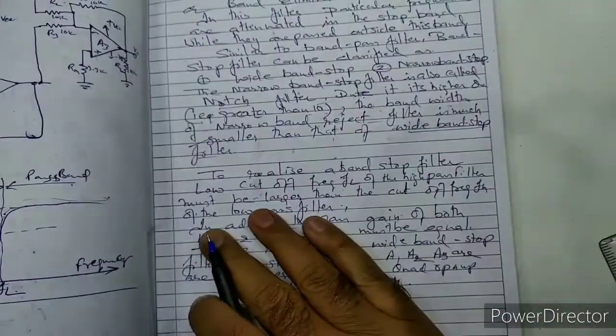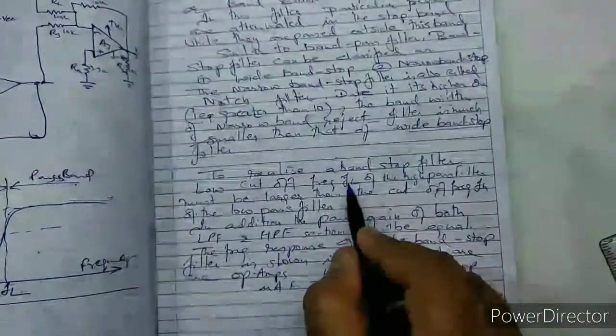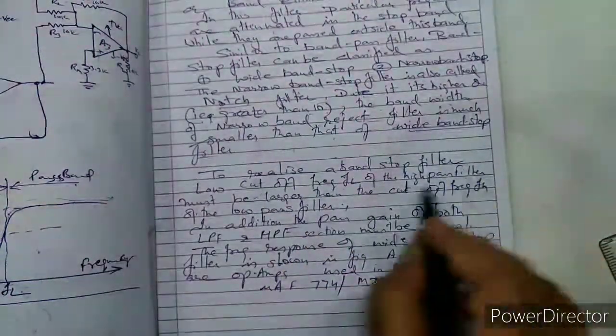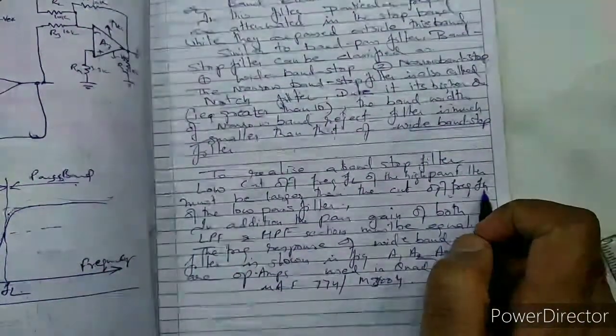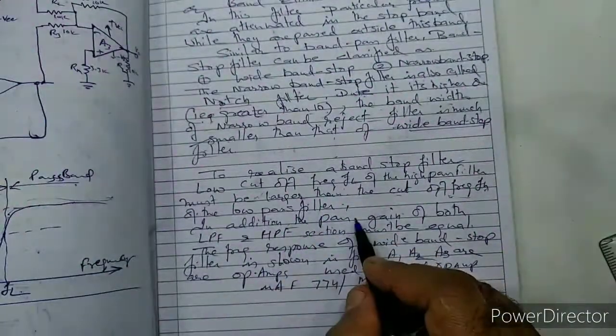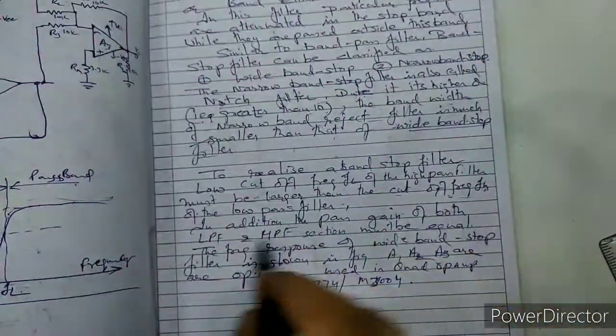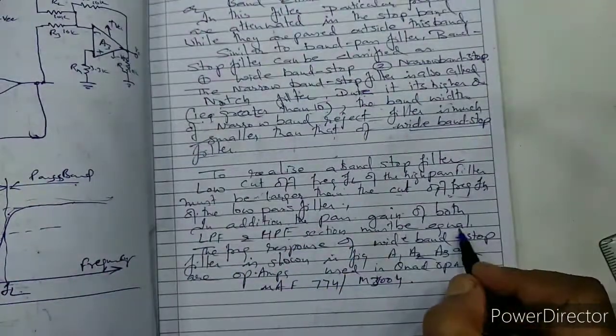To realize a wide band stop filter, the low cutoff frequency FL of the high pass filter must be larger than the cutoff frequency FH of the low pass filter. In addition, the pass band gain of both the low pass filter and high pass filter sections must be equal.